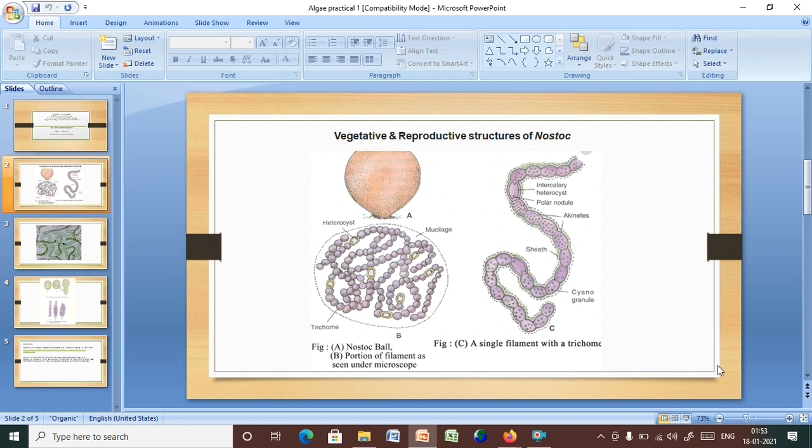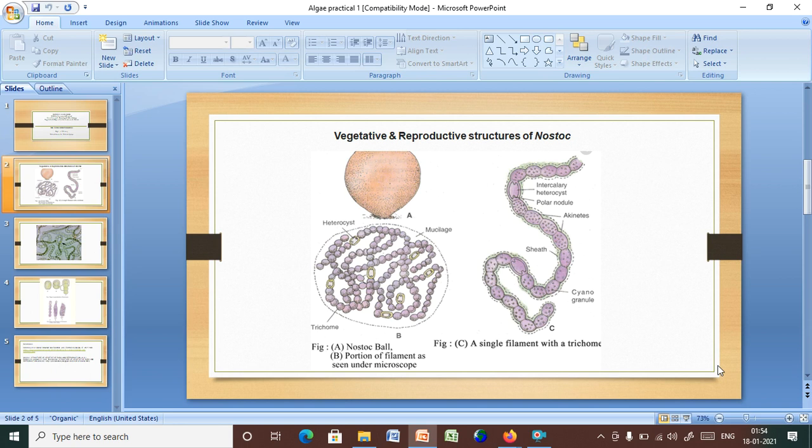Now, if we study these filaments under the microscope, it shows that in a filament all the cells are not alike, but at intervals are found slightly larger, rounded, and thick-walled cells having transparent contents.